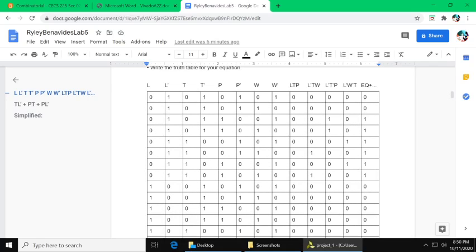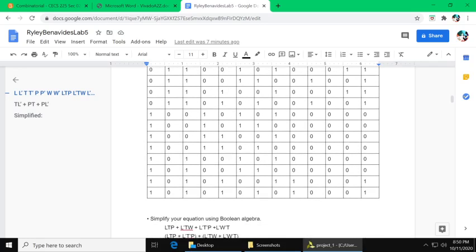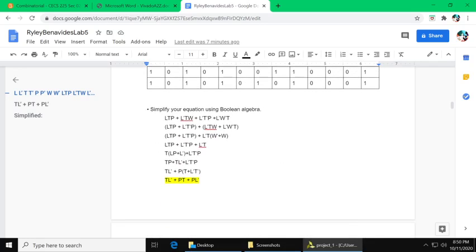Here's my truth table. I labeled all the inputs, for L, all 0 and 1, L naught, T, T naught, etc., all the way to the end of the equation. I got these answers for the equations. Here's my simplification of this equation.